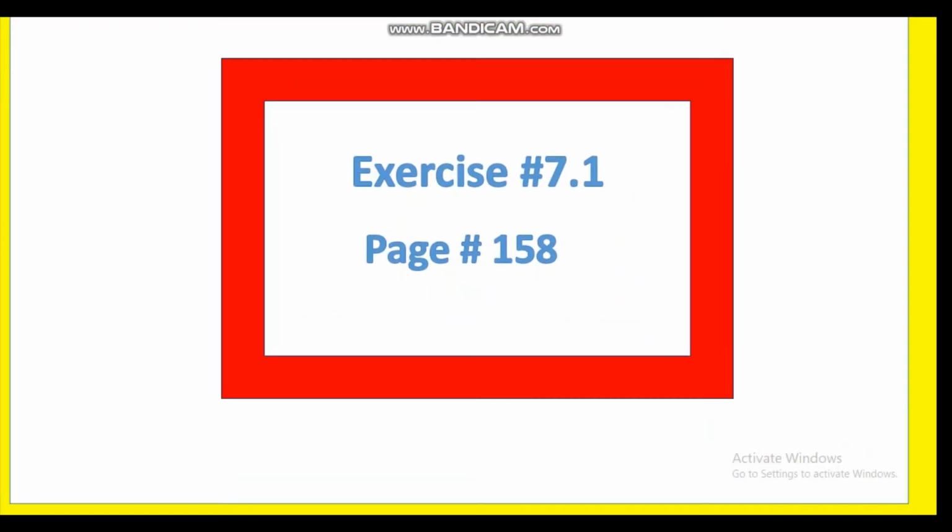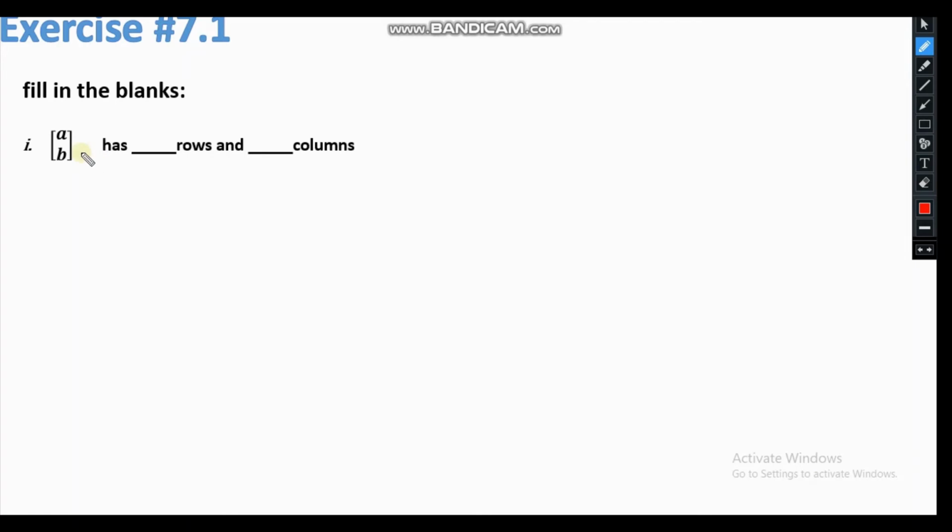Now exercise 7.1, page 158, fill in the blanks. Question number 1. Here AB has dash rows and dash columns. First of all, we can write here 2 rows and 1 column, because AB has a first column and 2 rows.